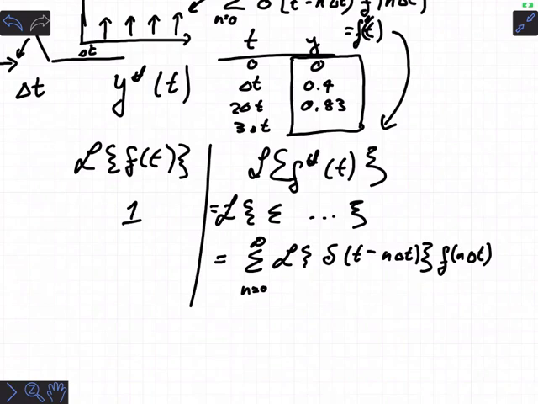We know that the Laplace transform of the delta itself is 1, and we also know what the shifting formula is. You've encountered this before when we did dead time. And so very clearly we end up with 1, which is the Laplace transform of the delta, times e to the minus n delta t s, which is the shifting formula, times f of n delta t.